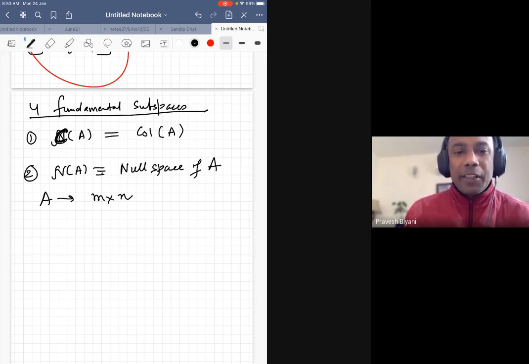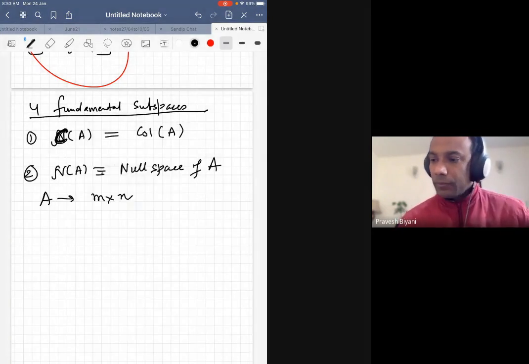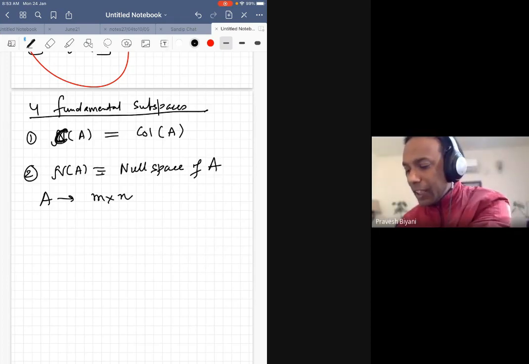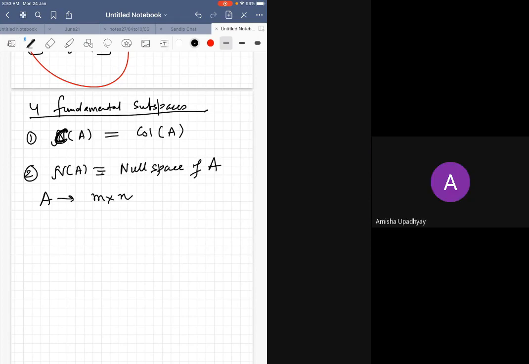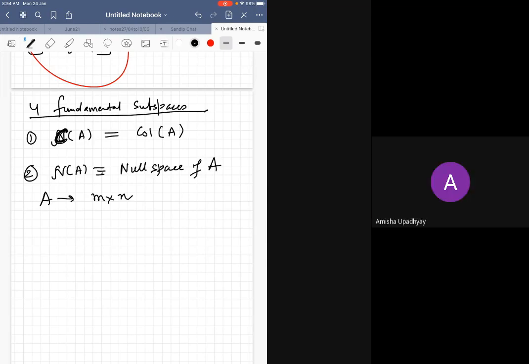Tell me the dimension of each element of the column space of A. It will be M cross 1. M cross 1, column space of A, right? Oh, column space.